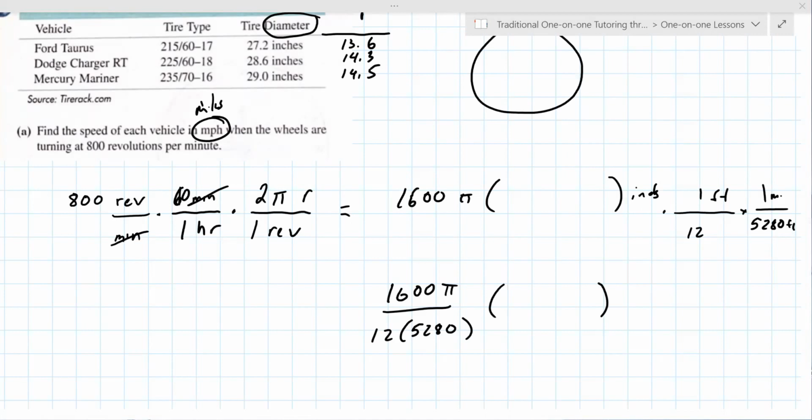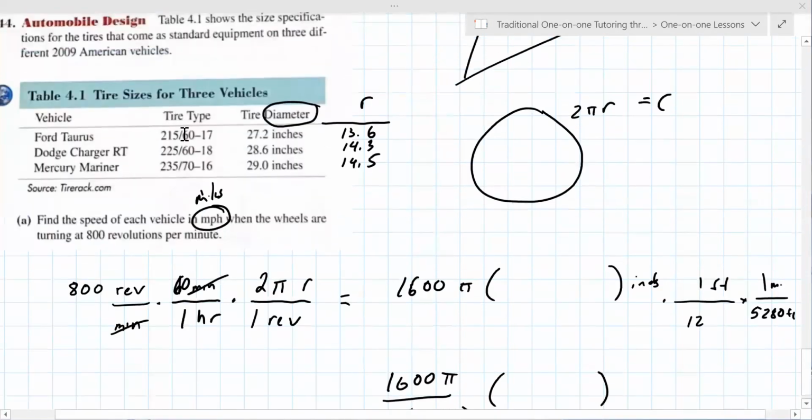Okay, so for the first one, I get, I don't like that. 12 inches in a foot, 5,280 feet in a mile.